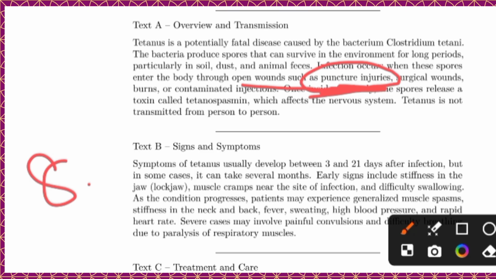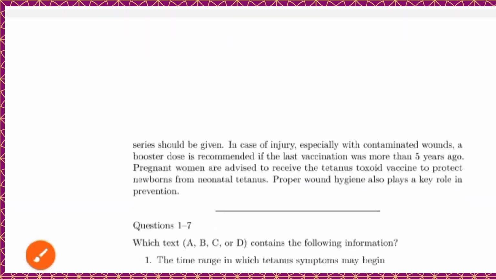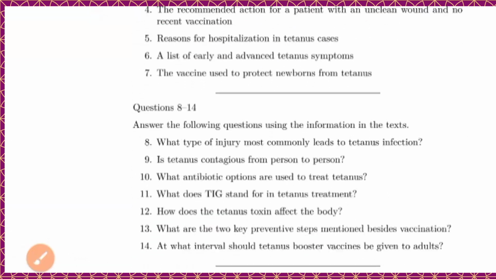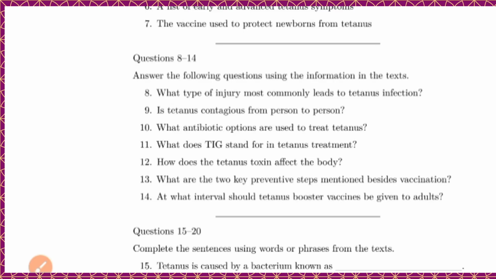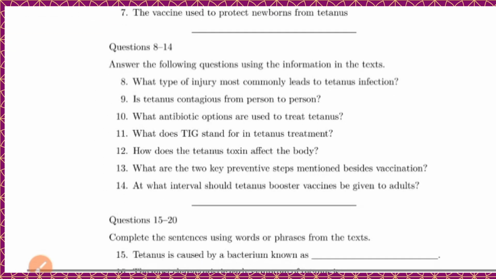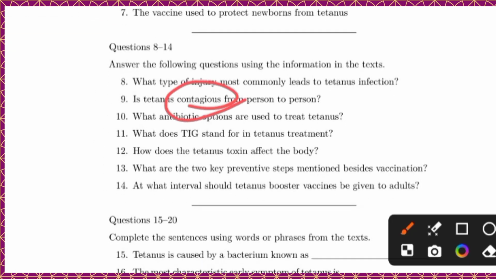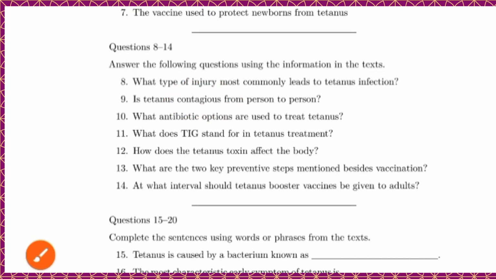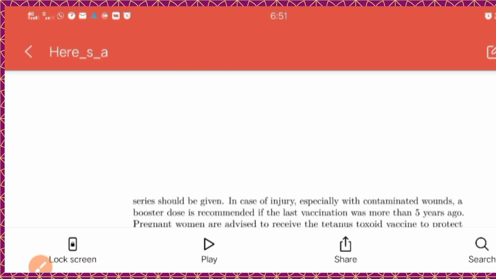Next we move to question number 9: is tetanus contagious from person to person? Contagious means contaminated, or cross infection toward others. So we have to find the answer.